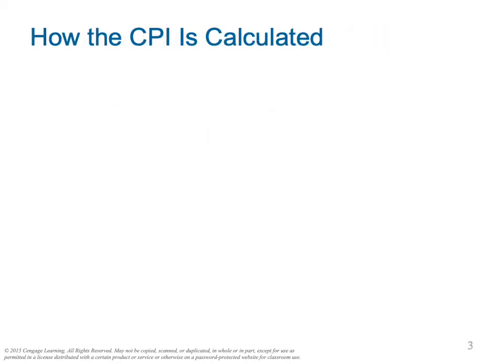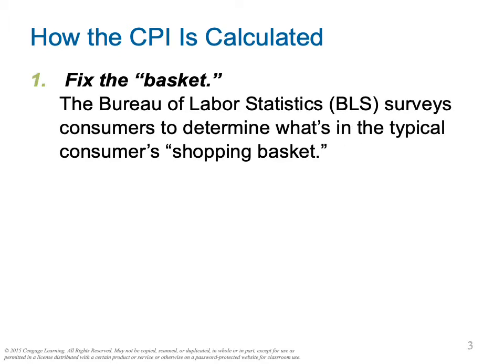All right, so how then do we calculate this thing? Well, we start with a basket, okay? Just like a shopping cart or a shopping basket that you fill with your groceries, we use a basket to calculate CPI.